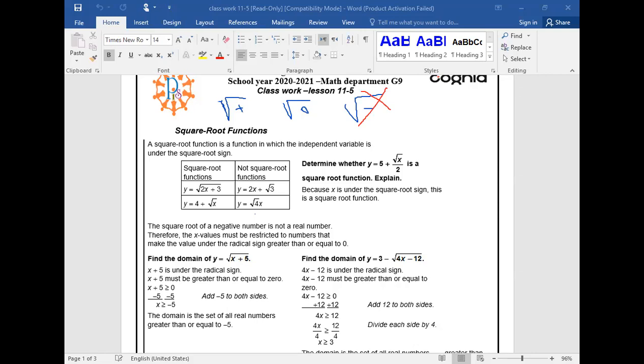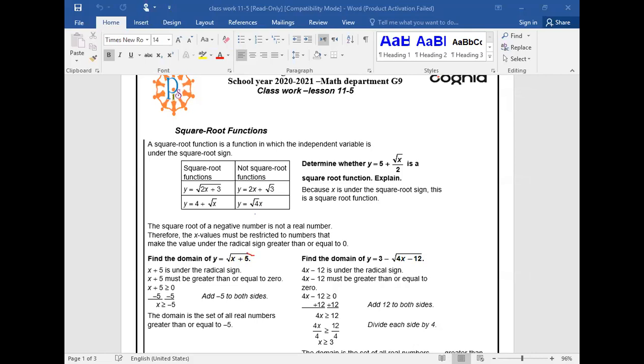This will let us move to the second part in our lesson today, which is how we can calculate the domain. So what is the domain? The domain is the set of values of x under the radical sign which gives us an answer. Then, how will we calculate the domain?